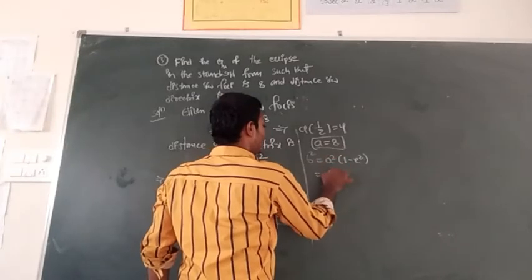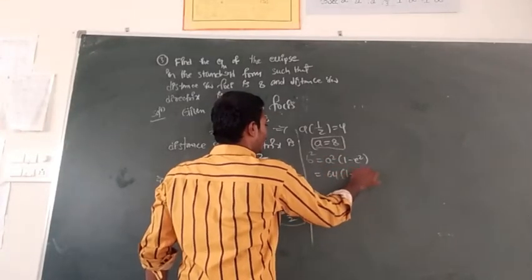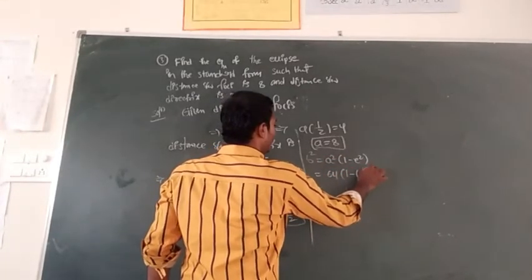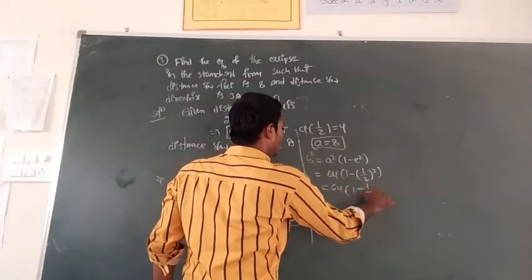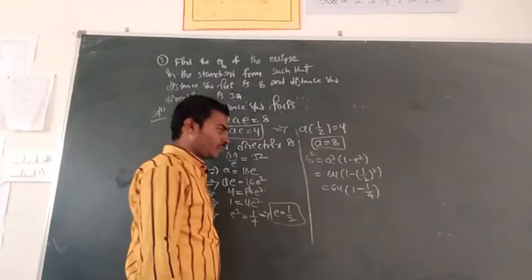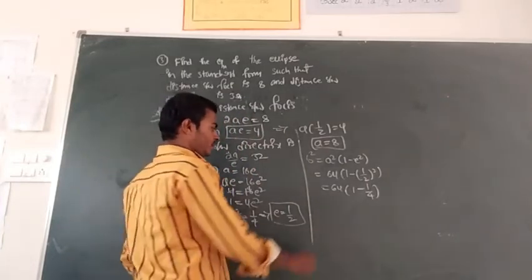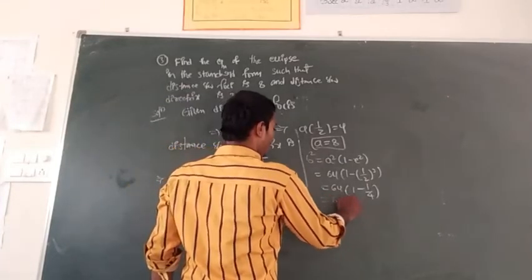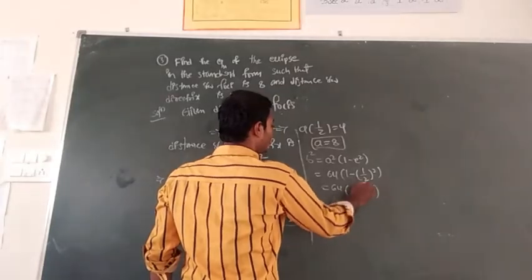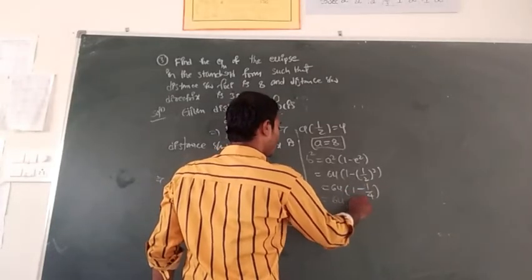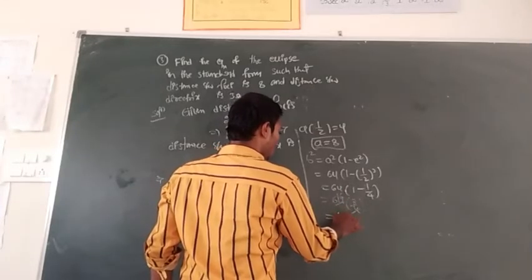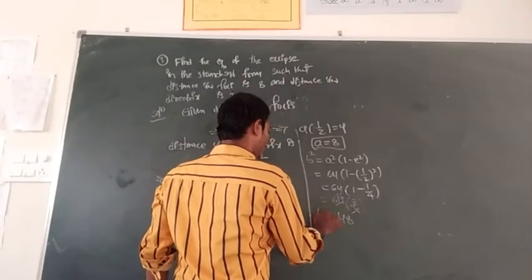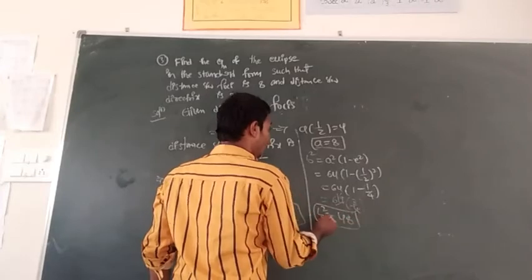So a square is 64, and 1 minus e square is 1 minus 1 by 4, that is 3 by 4. So 64 into 3 by 4, 4 sixteens are 64, and 16 threes are 48. So b square equal to 48.